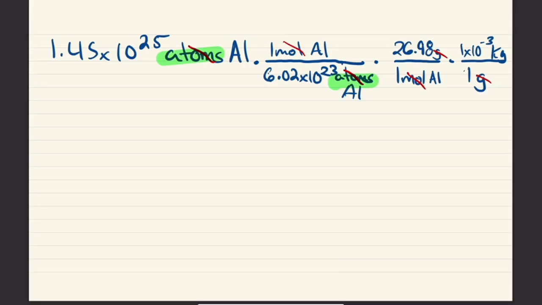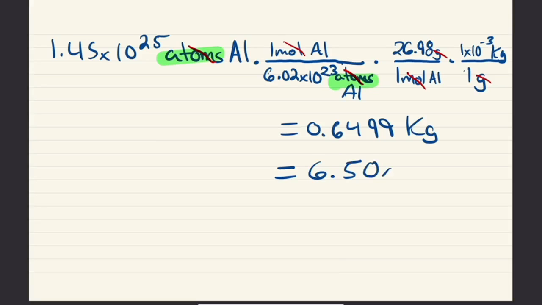And we have approximately 0.6499 kilograms, or as I would like most students to utilize, 6.50 times 10 to the negative 1 kilograms of aluminum. So that is a conversion from atoms to grams.